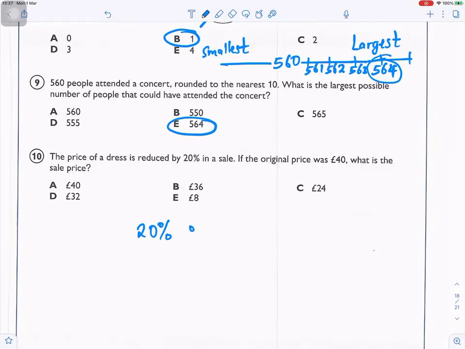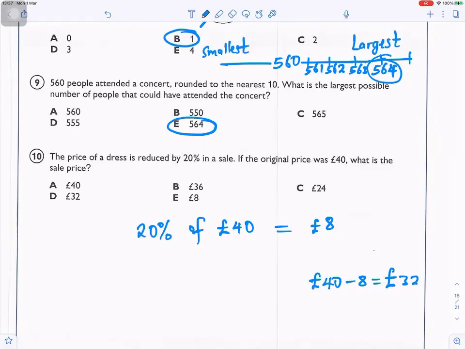So you want to find 20% of £40, which is £8. So the sale price would be 40 minus 8. £40 minus £8 will give you £32.